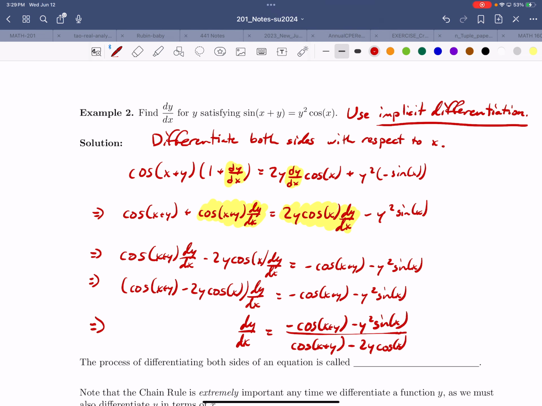So that's our answer. Believe it or not, this is our derivative.